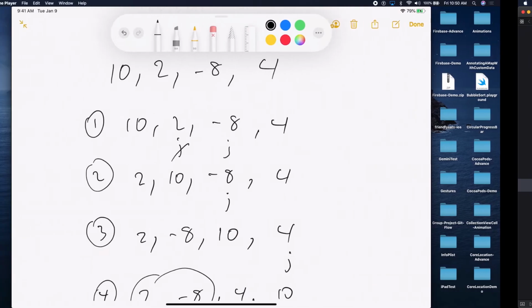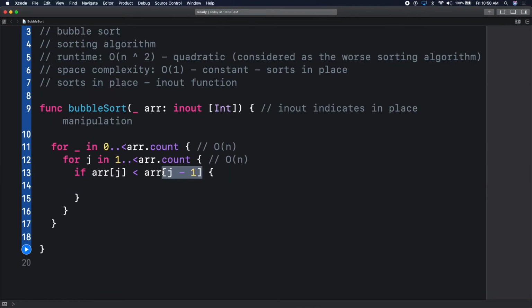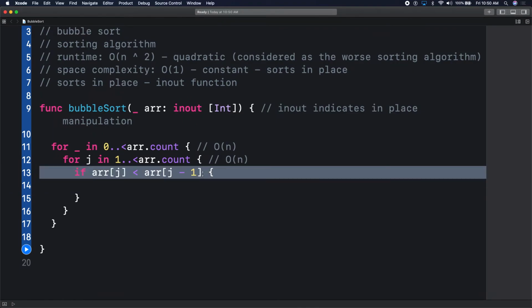If we go back to our diagram here, if I'm looking at j here, everybody, what's j minus 1? 10, right? Everybody with me? Those are the two values I'm looking at. I'm looking at those adjacent values. If I'm at j, I'm looking at j minus 1, which is 10. Cool? So this is the algorithm for seeing if j in that case is less than j minus 1.